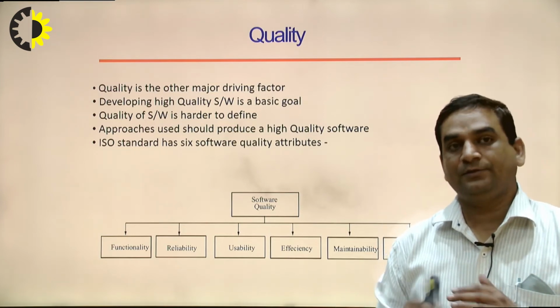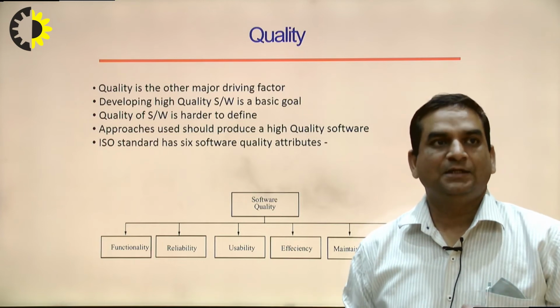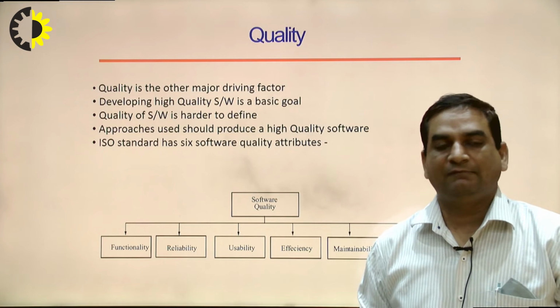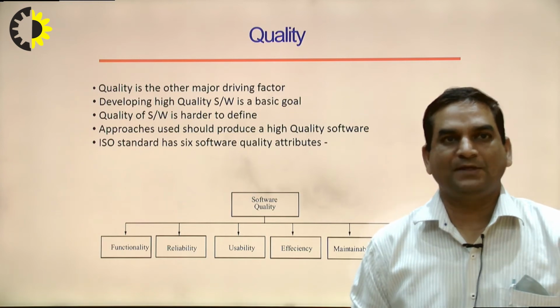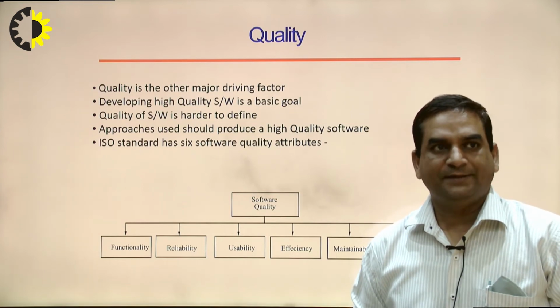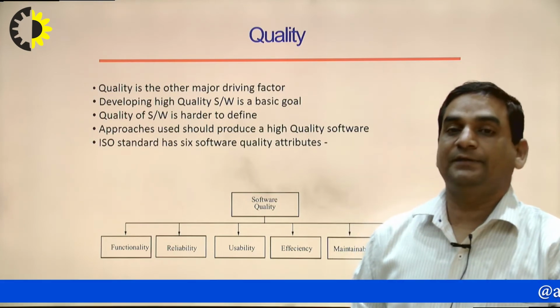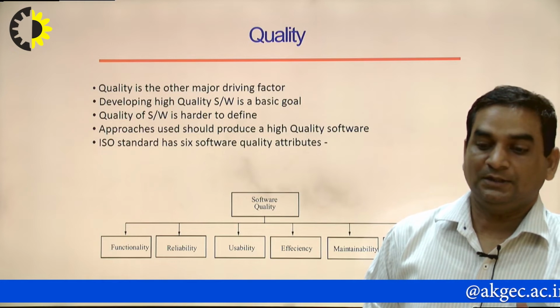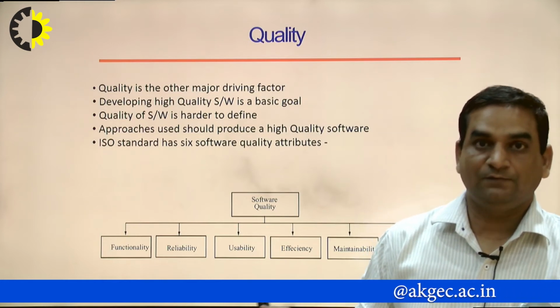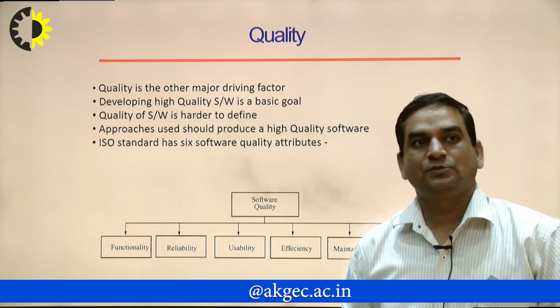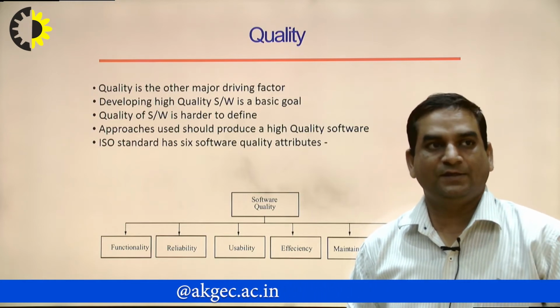Quality is the other major driving factor. Developing high quality software is the basic goal. Quality of software is harder to define, which is why software quality cannot be defined in a simple one or two line definition. So approaches used should produce high quality software.